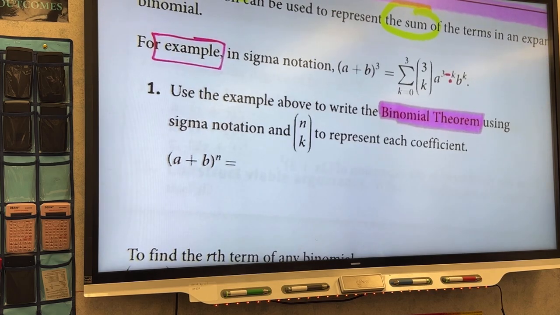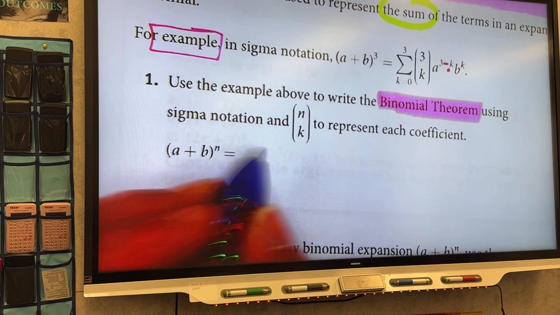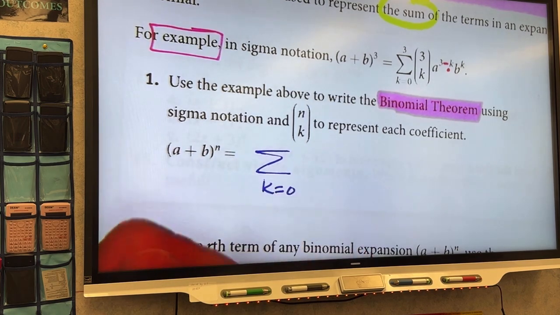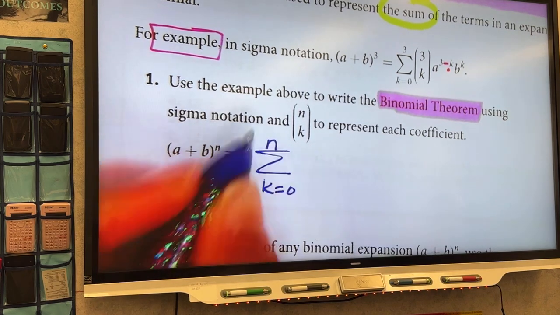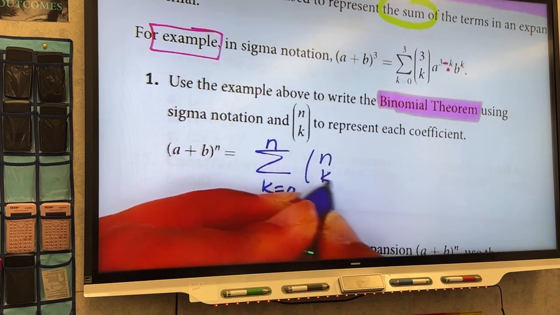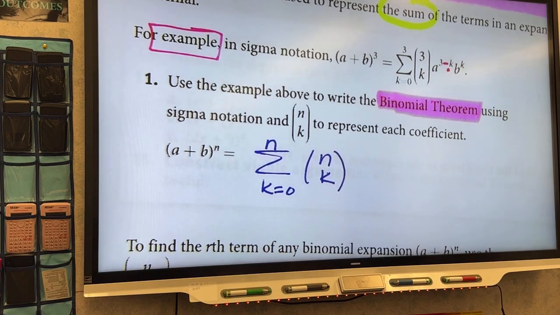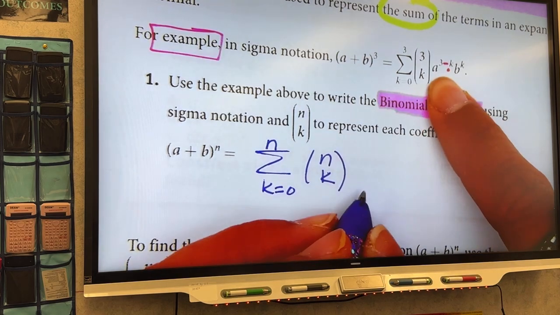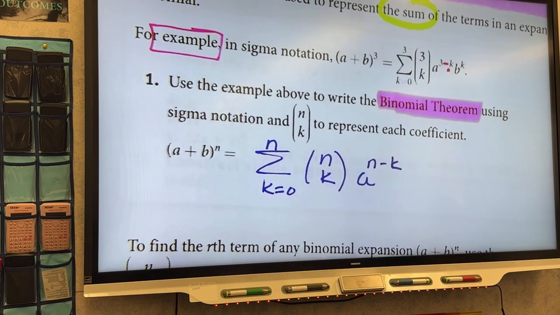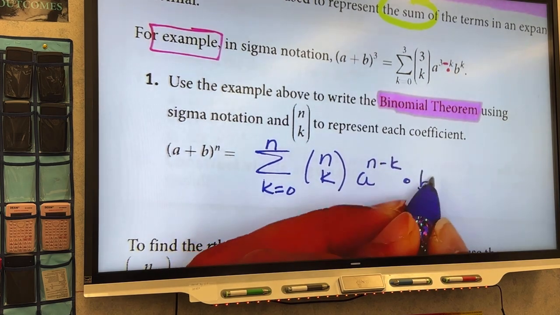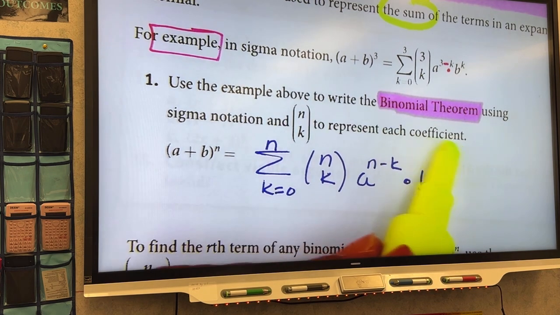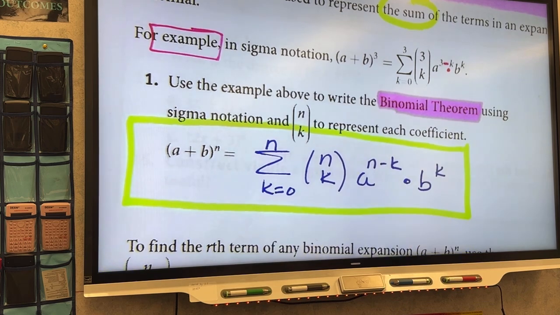So (a + b) to some power n is going to equal the sum of k equals 0, you always start at 0, all the way up to whatever that n is, that exponent, of n choose k, and then instead of a to the 3 minus k, it's a to the n minus k times b to the k power. So this is our formal definition for the sum of the expansion of a binomial.